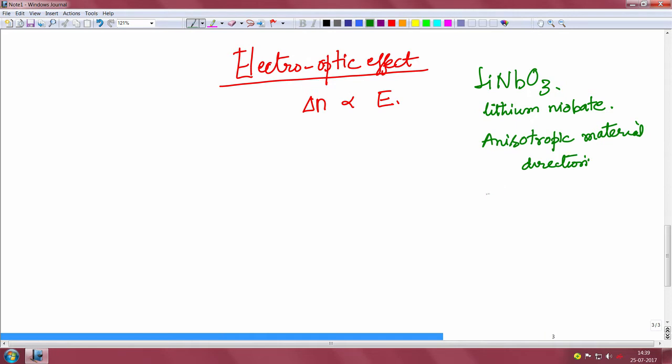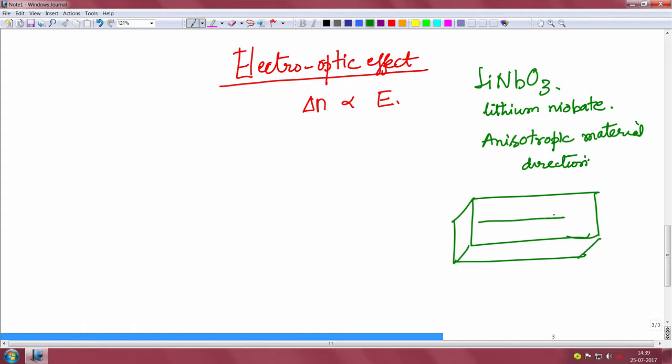So, typically in an anisotropic crystal, if light propagates in one direction, it has got certain refractive index called the ordinary refractive index, and if it propagates perpendicular to that, it has got another refractive index called the extraordinary refractive index.